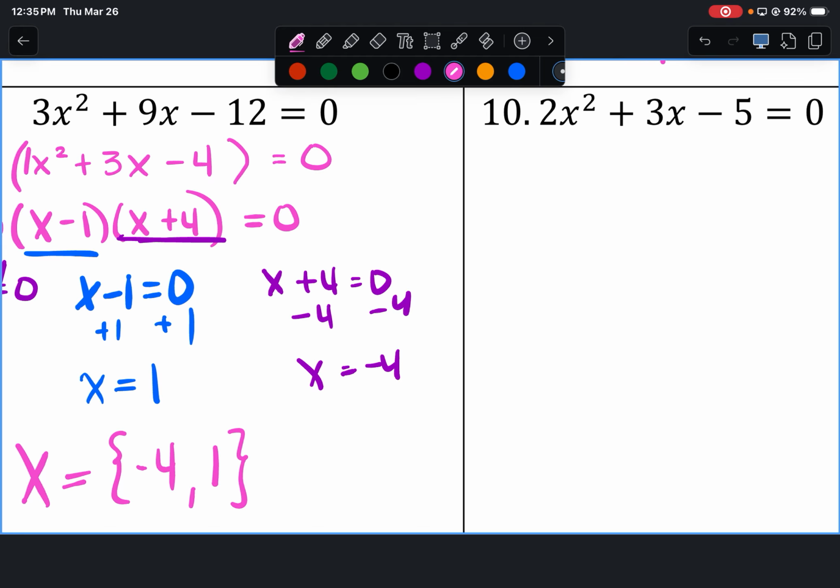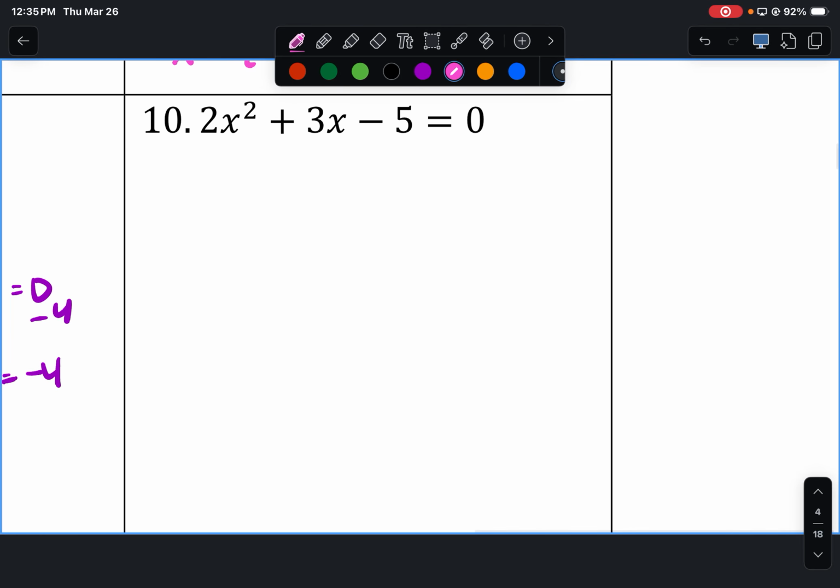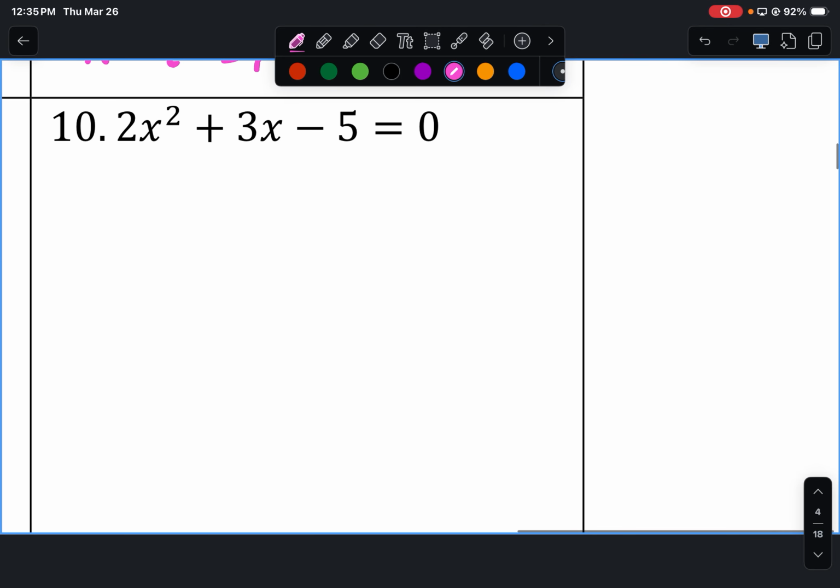If you ever have something that is prime, it doesn't necessarily mean it doesn't have a solution. It just means you can't find the solution by factoring. That is where all the other methods come into play. Because like I said, there are some types of problems that the different methods are better for solving.